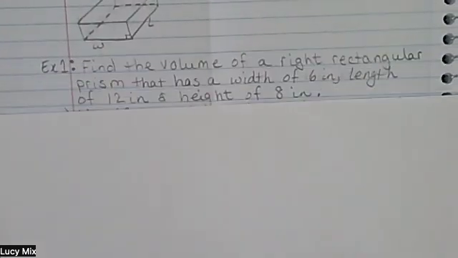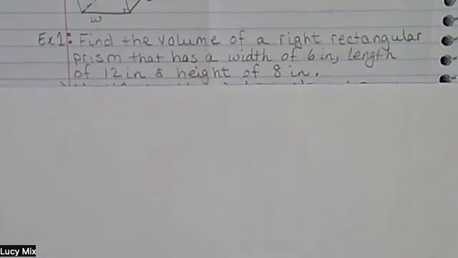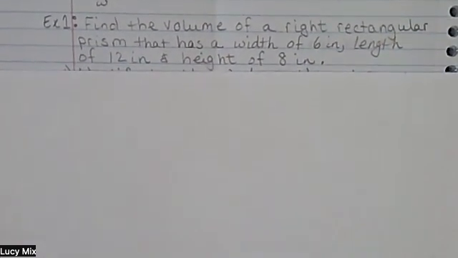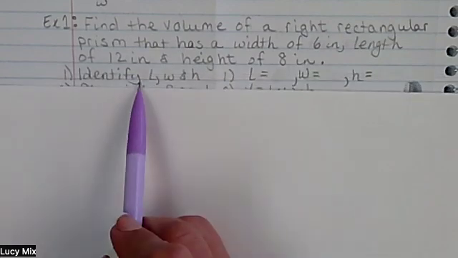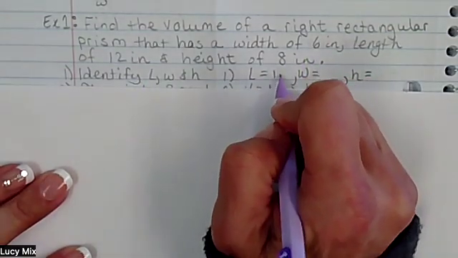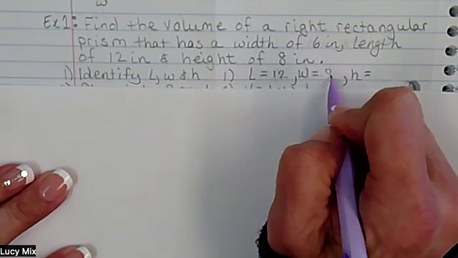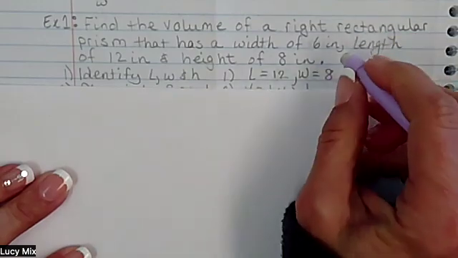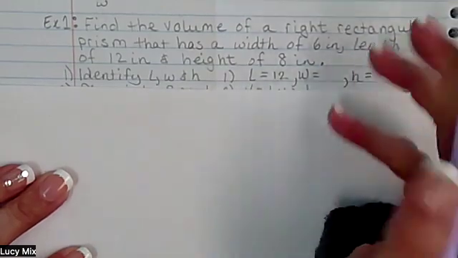All right, so we are going to find the volume of a right rectangular prism that has a width of 6 inches, length of 12, and a height of 8. So first thing, identify length, width, and height. Length 12, sorry, width is 6, height is 8.